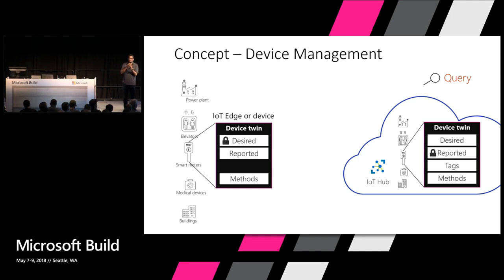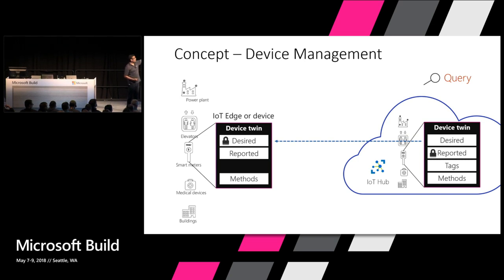There is one on the device and one on the cloud. Each of these twins has certain properties. It's really a JSON file with some values in there. And 2 properties which are important to note here are the desired and the reported property. Now, the desired property is owned by the cloud. So the cloud, IoT Hub, will say that this should be the value of whatever, like firmware version should be equal to 1.3.